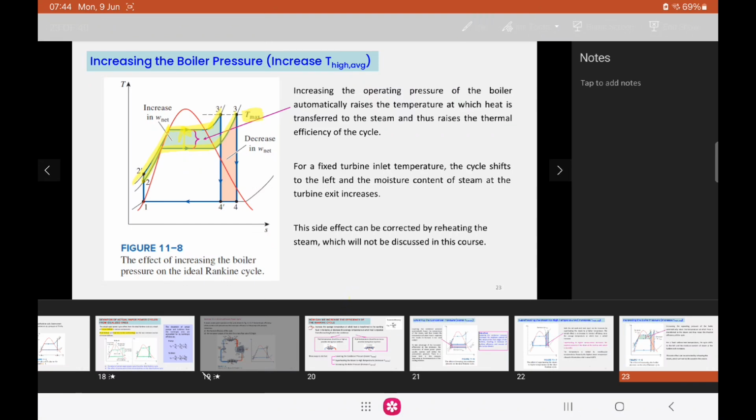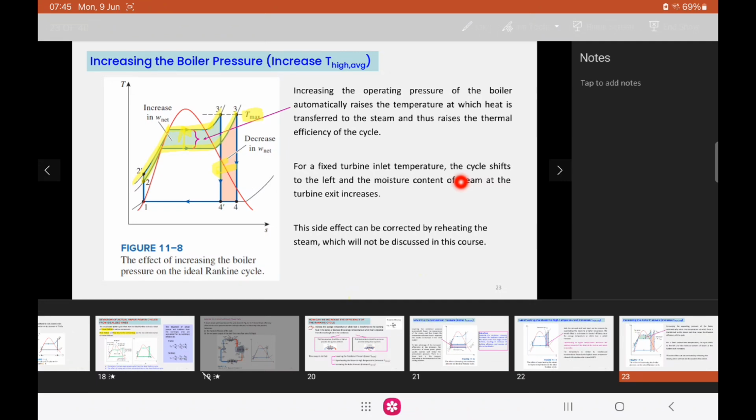So if you fix that temperature, even though you are increasing the net work, you are at the same time actually decreasing it, because the process from 3 to 4 is actually shifted to the left. So when we do this, we need to be careful whether we are really increasing our thermal efficiency or we just increase a little bit.